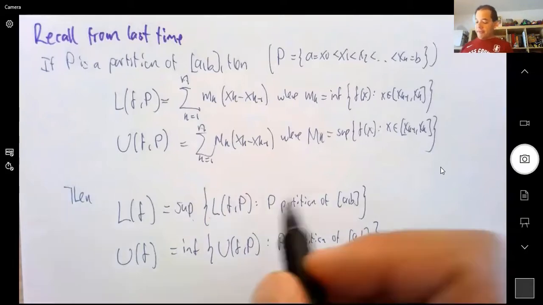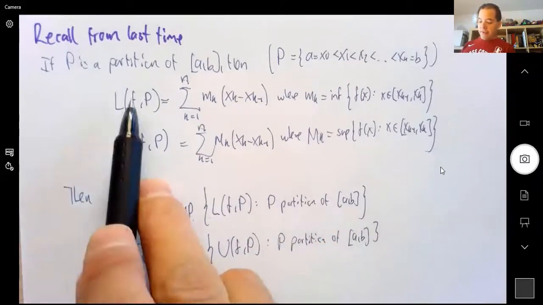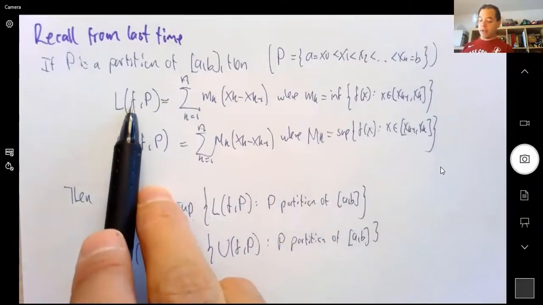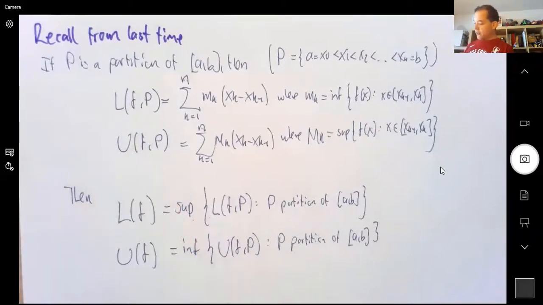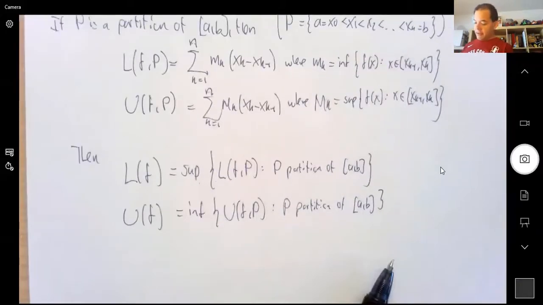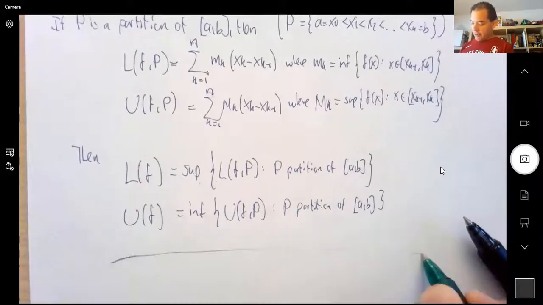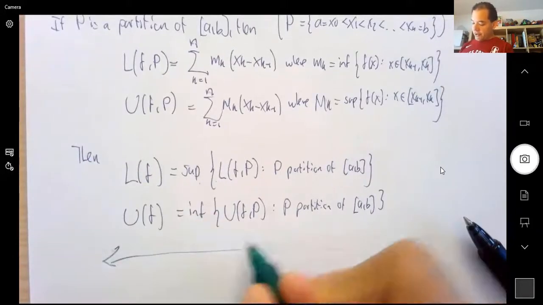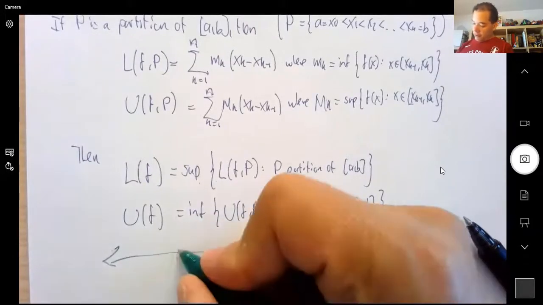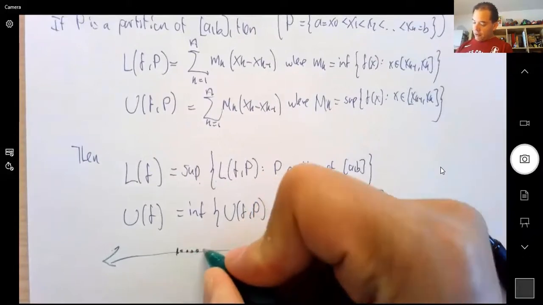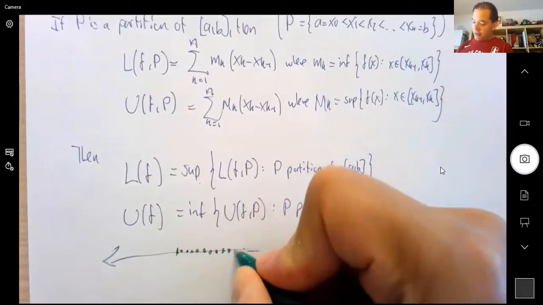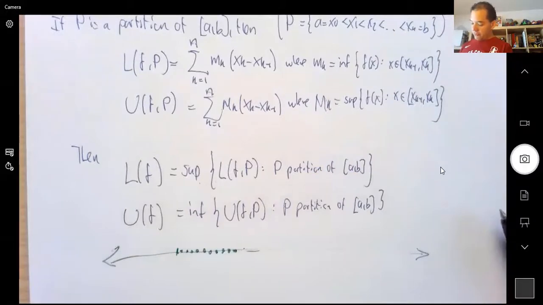Yeah, so we learned last time also that all of these L's are always smaller than all the U's. So the picture you should always have in mind is that there's a real line, and for any function, you have all the U's, and all the L's are always smaller than the U's.